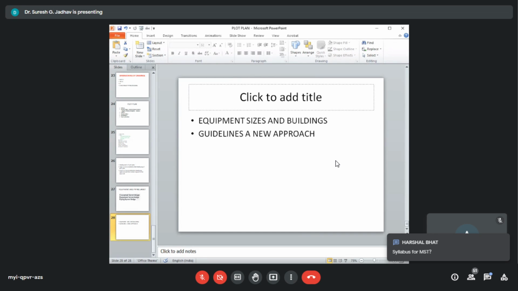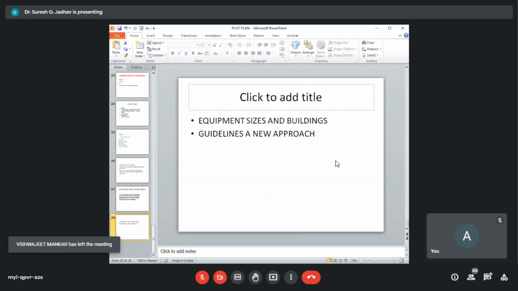Syllabus for MST, Harshal, we still have time, so we'll declare the syllabus, don't worry. What kind of questions can we expect in the MST? And if possible, can you please share some previous year papers as well? No, there are no previous papers. This year we started this elective. Each question carries a minimum of 4 marks or a maximum of 5 marks.